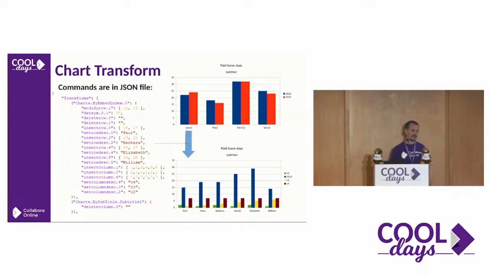You can select it by index or by title, subtitle, and several other ways. And once you have selected a chart, you can list commands to execute on the chart. It's similar to how you would normally edit the charts.